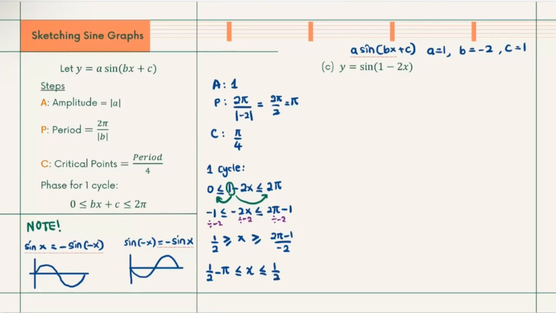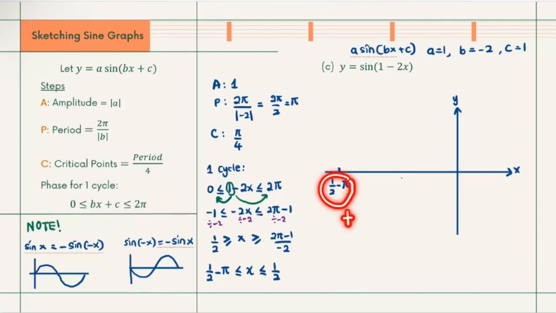Okay, now, this is the y-axis, this is our x-axis. Okay, so our graph will start here, 1/2 minus pi. Okay, so this one we add our critical point, pi/4. So here, our next point, I will get 1/2 minus 3 pi/4.